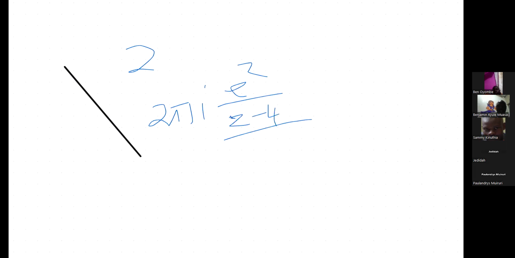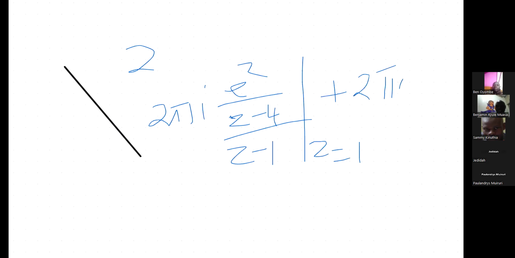So it could be like 2 pi i, then e to the z over z minus 4, divided by z minus 1, where z equals 1, plus 2 pi i times e to the z over z minus 1, but here z will be equal to 4 in that case.